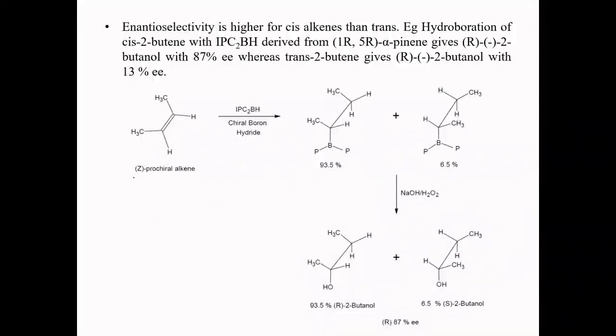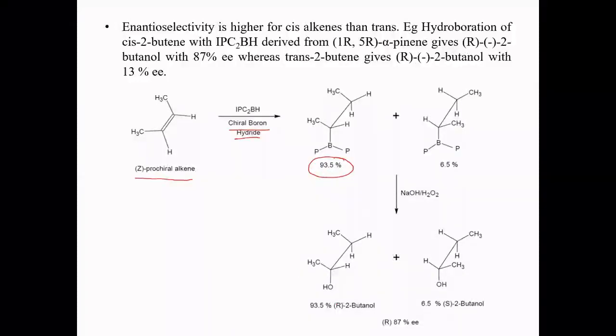We have taken the same Z prochiral alkene, and rather than taking an achiral borane reagent, we have taken chiral boron hydride. Previously, when we used the achiral boron reagent, if you remember, we were getting 50-50% of this. But right now you can see when this reduction is happening, I'm going to get one of the isomers in the larger amount.